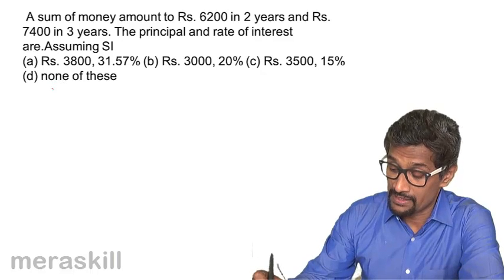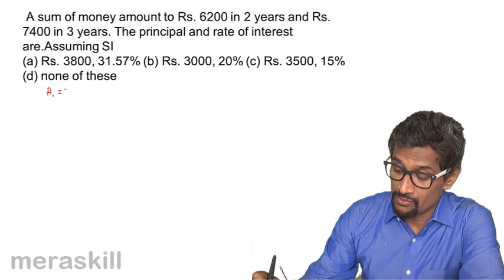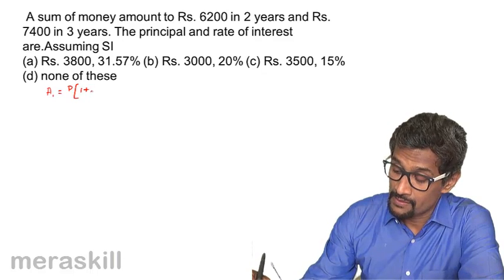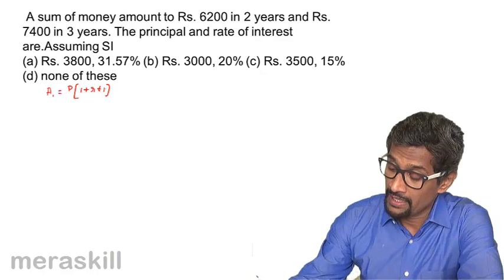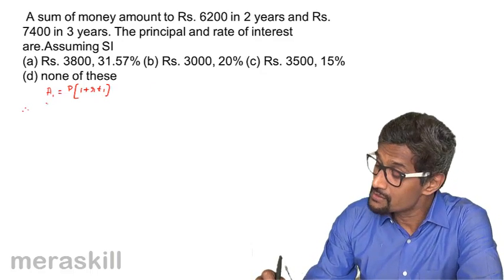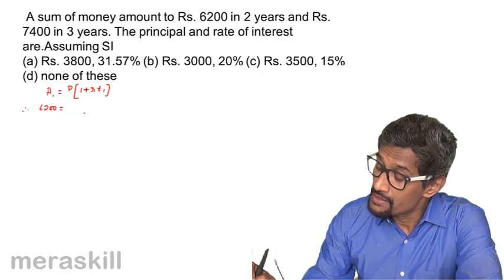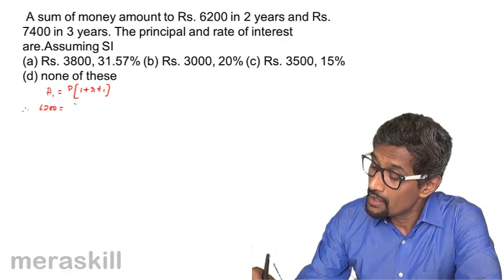So in the first case, you will have A1 is equal to P into 1 plus R into T1, and hence you have A1, 6,200, is equal to P into 1 plus R, in 2 years.